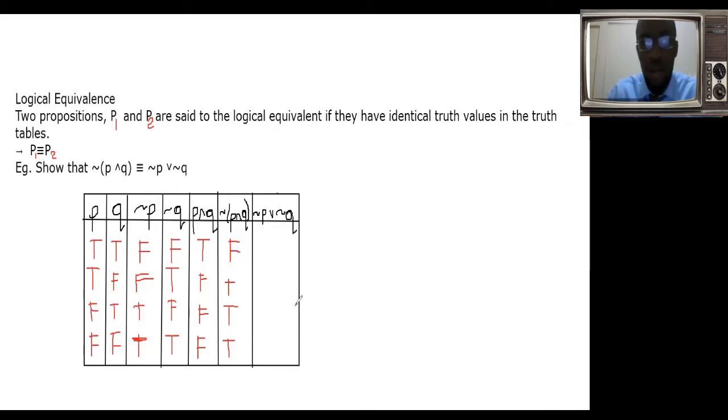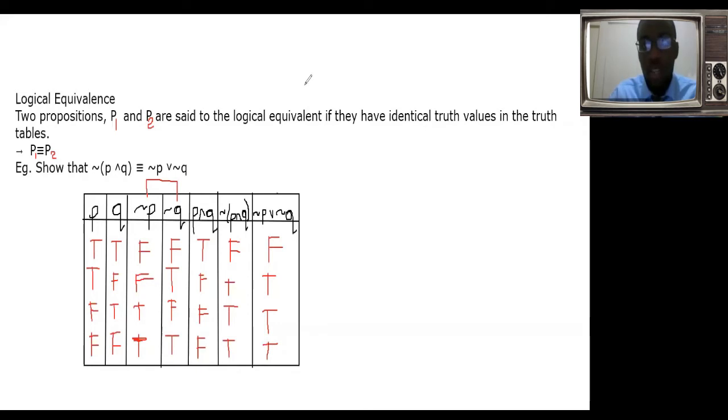Now the next thing we're going to look at is the negation of P or not Q. So we're looking at these two right here: not P or not Q. False or false is just false. False or true is true. True or false is true. And true or true is always true.